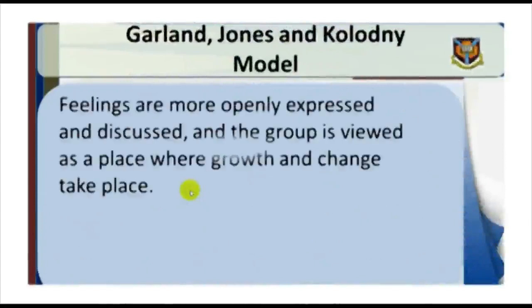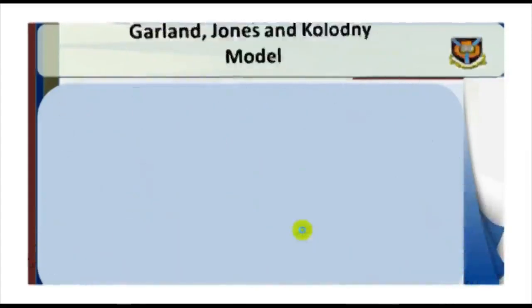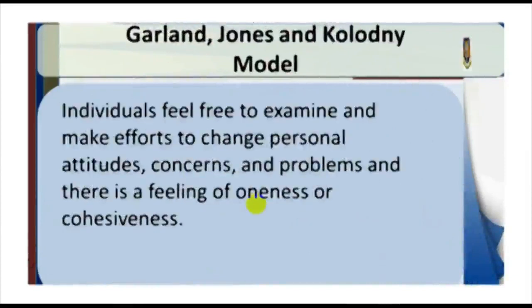Feelings are more openly expressed and discussed, and the group is viewed as a place where growth and change take place. Individuals feel free to examine and make efforts to change personal attitudes, concerns, and problems, and there is a feeling of oneness or cohesiveness.